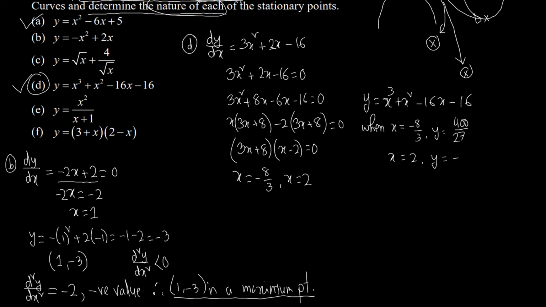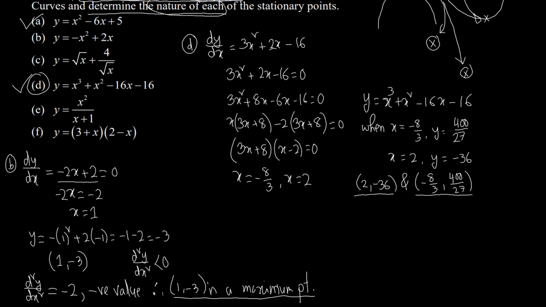So our coordinates are 2 comma minus 36, and minus 8 over 3 comma 400 divided by 27. These are the coordinates of the stationary points, or turning points, of this equation.